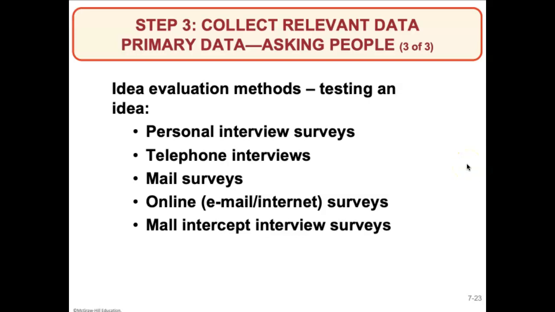Other idea evaluation methods include testing an idea using personal interview surveys, telephone interviews, mail surveys, online surveys. Perhaps you've experienced a survey after buying a product or a service. You're being asked for your experience.